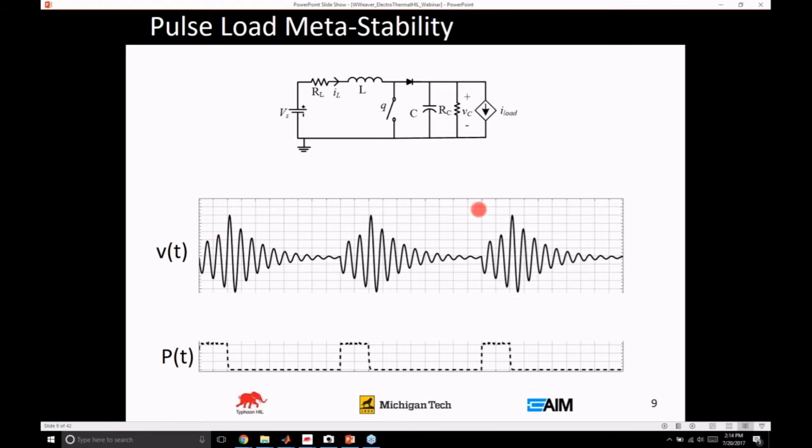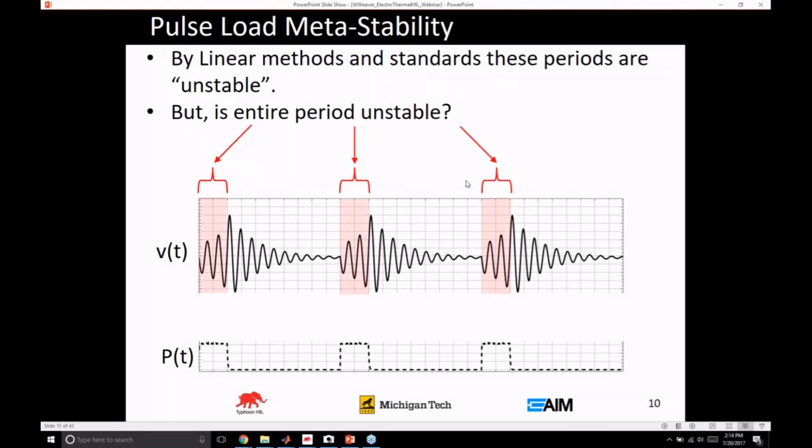So it's going to ring when the pulse is high, and as shown here, might damp out. So when the pulse is high, by all linear methods, with the example shown here, that system is unstable. Okay, and you could do the analysis when the pulse is on.